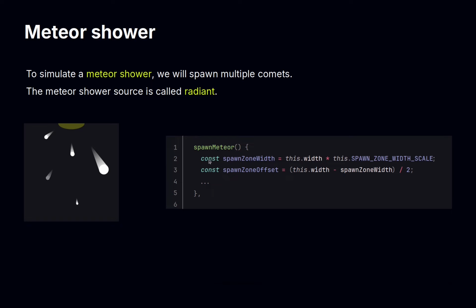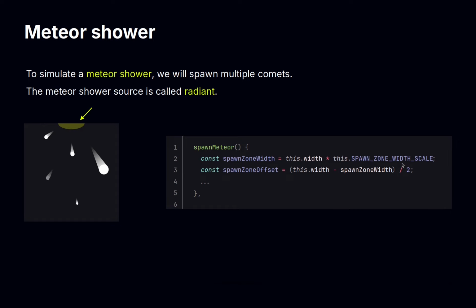So we have the spawn meteor method. We have seen before that we were spawning them directly from the center, but now we are going to constrain that. So we are going to have this spawn zone width scale, and it can be a value between 0 and 1. With 1, the radiant will span the whole width.